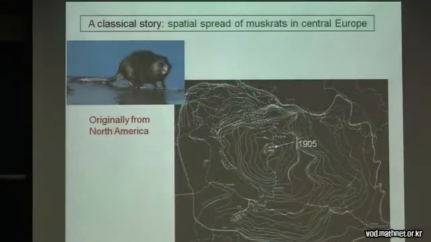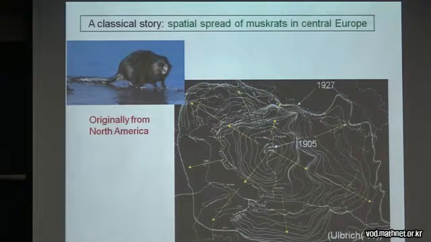So this is how the muskrat spread. It was brought to Central Europe in 1905, and gradually it spread. And it is well studied how it spread, and it is in the paper here. Since the Central Europe, as you see from these contours, has mountains and rivers and lakes and valleys, it's not uniform.